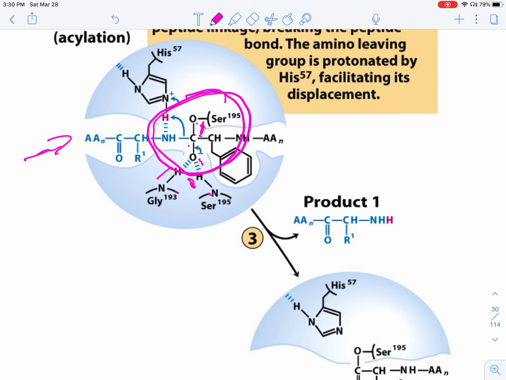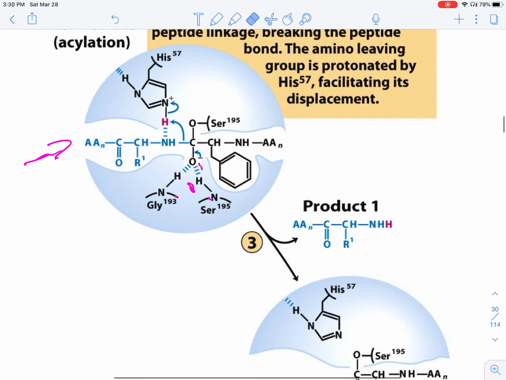The next thing that happens, or that happens at the same time, is that we break this bond and we break that bond, right? And so you're pulling off this hydrogen and breaking the peptide bond over here. Now, histidine is now donating hydrogen, so that's an example of general acid-base catalysis, right?